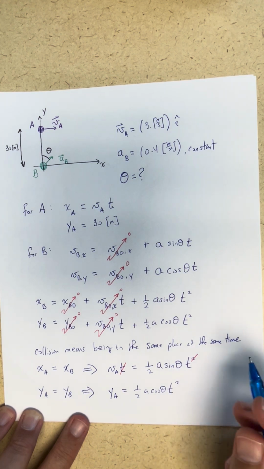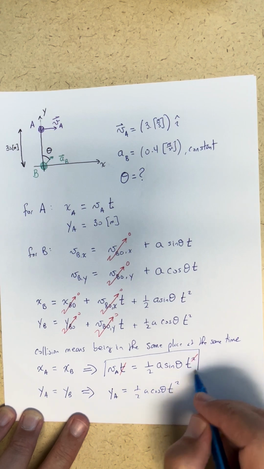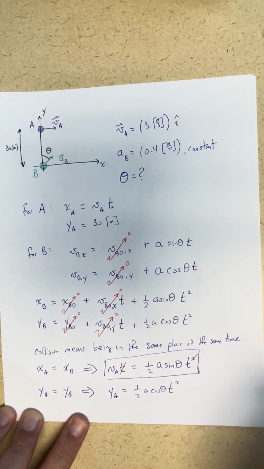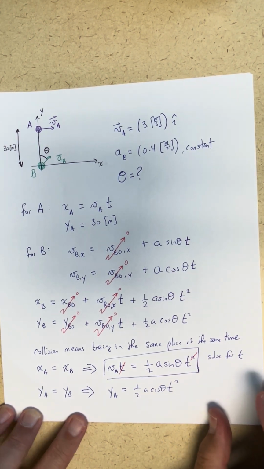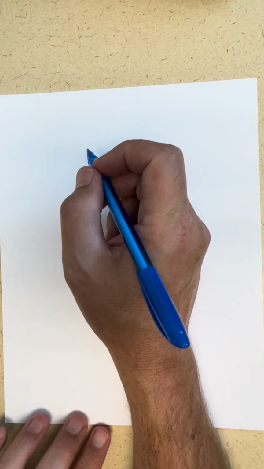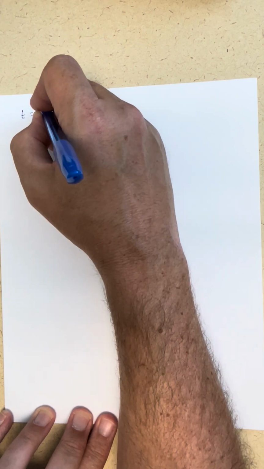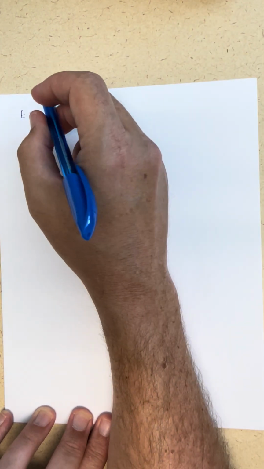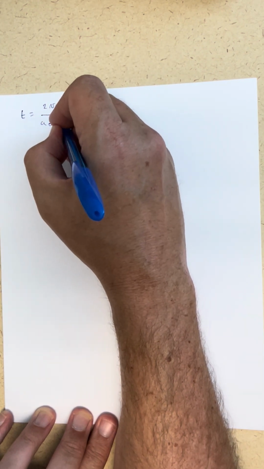We're going to use this equation to solve for the final time. And this is a sufficiently long problem, so I'm going to jump ahead to another page. So what we've learned is that the final time is equal to twice A's velocity over the acceleration sine theta.